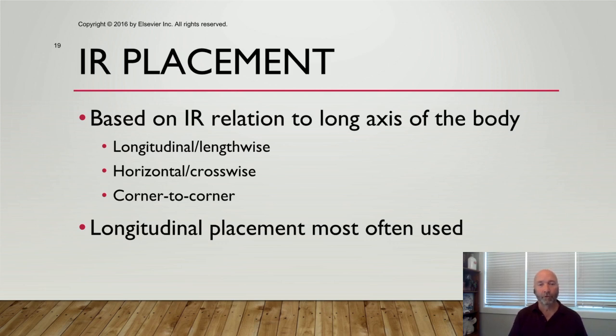Or we can have corner to corner. So a lot of your digital image receptors now are square, so really horizontal crosswise or longitudinal lengthwise don't really apply all that much anymore. But some of your larger anatomy, like your forearms and things like that, you may have to still use that corner to corner orientation to get the entire anatomy on the image receptor.